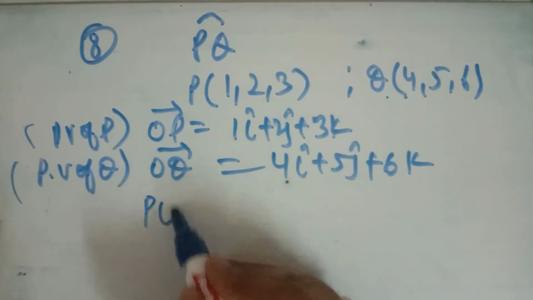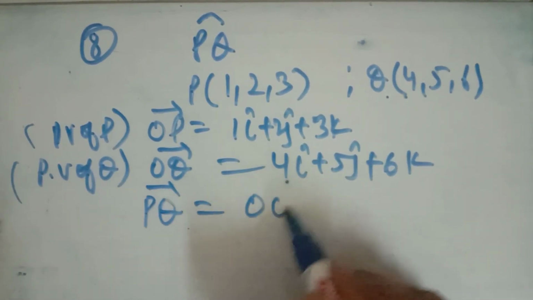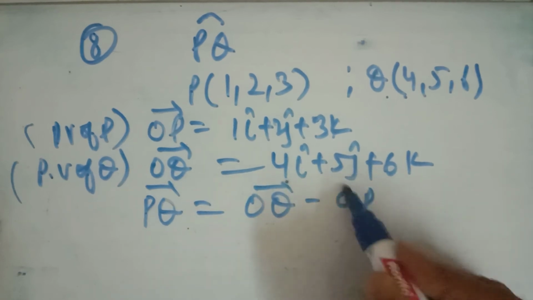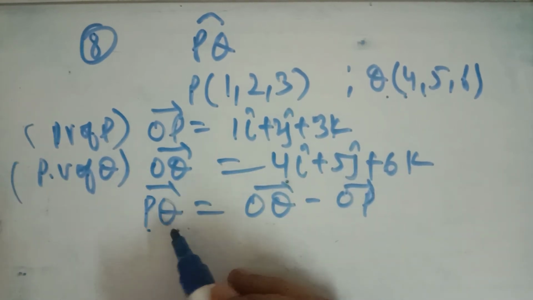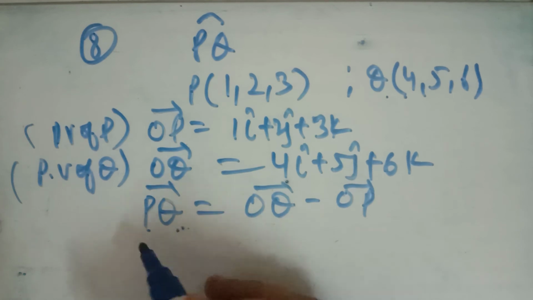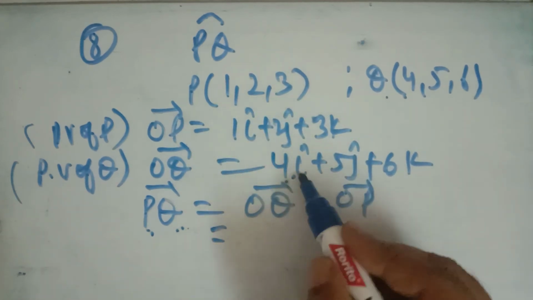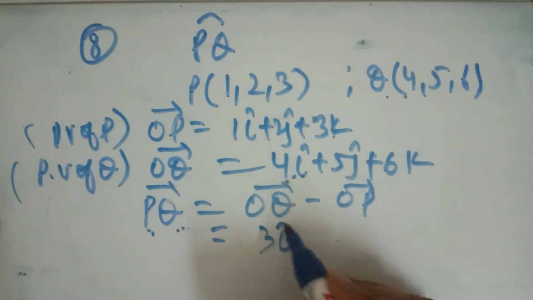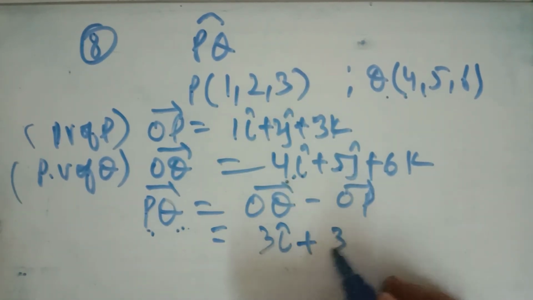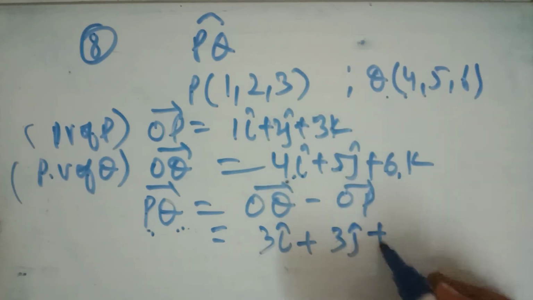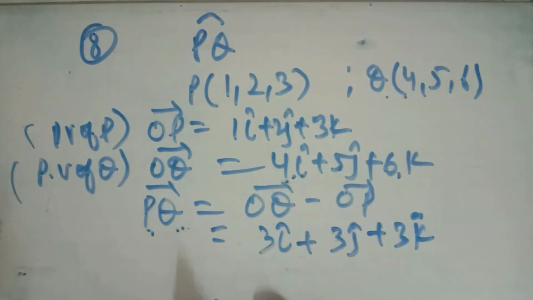To find the vector PQ, position vector of Q minus position vector of P. I have repeated this many times in the last lectures. So OQ minus OP gives 3i plus 3j plus 3k, and this is the vector PQ.